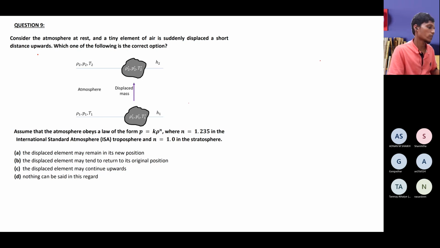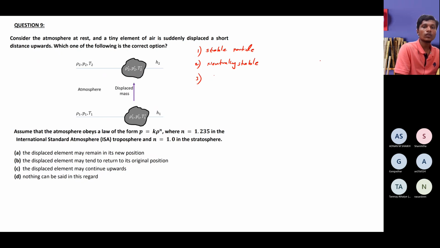The small conceptual thing that I need to give you is to state whether a particle is at equilibrium or not. There are three things: one, a stable particle; two, a neutrally stable particle; and three, an unstable particle.